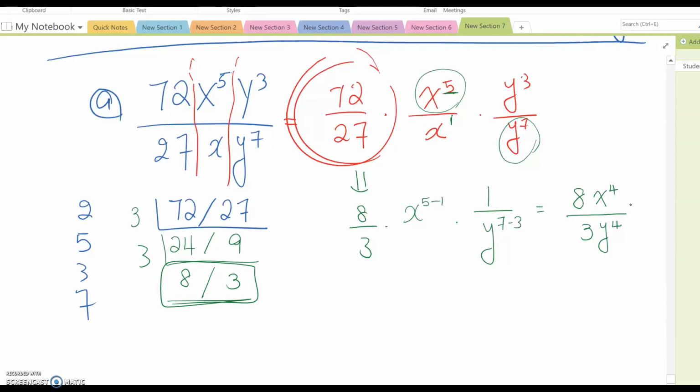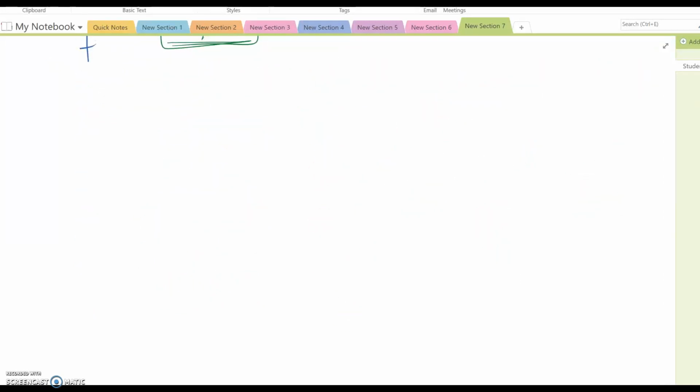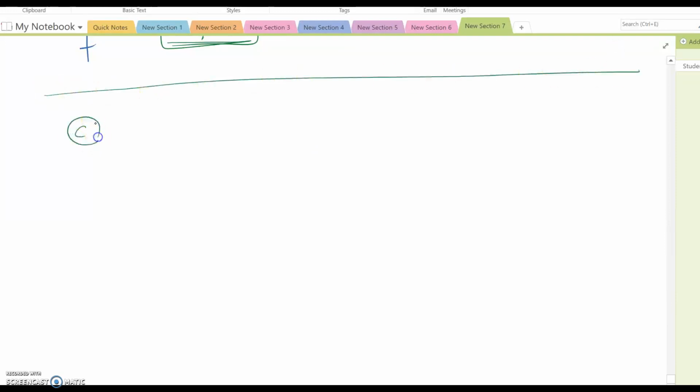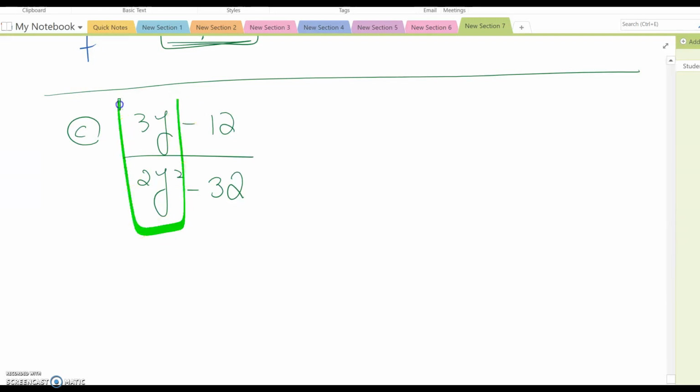Now, the second question. 3y minus 12 over 2y squared minus 32. As I told you before, in this case you cannot just take this term and that term and then simplify.